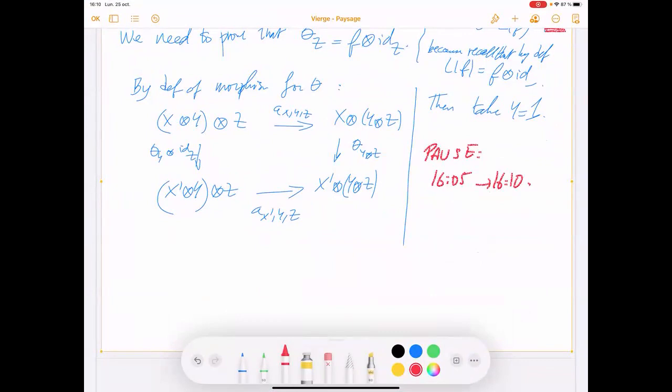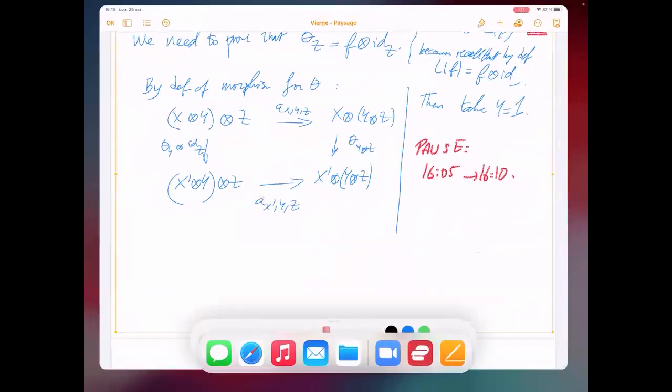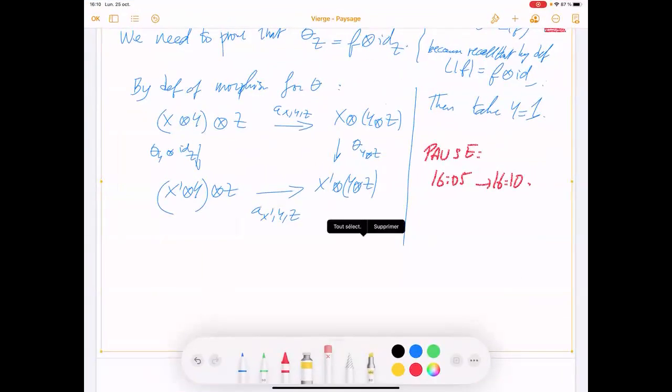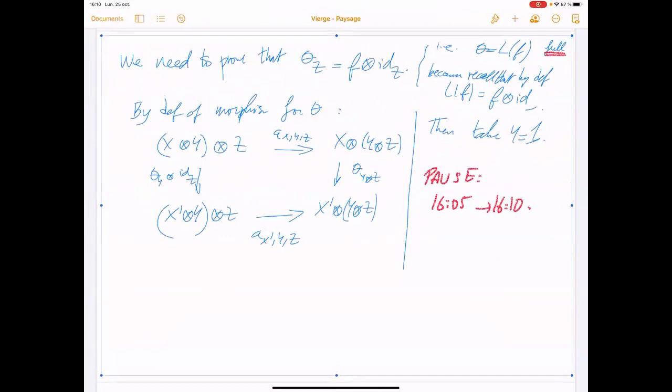Let's restart. Ah, ça y est, je suis bloqué. Je suis bloqué, le truc est bloqué. J'arrive pas. Ok.